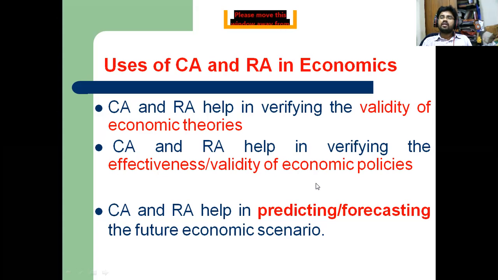We take the data before 1991 and after 1991, then check whether there is any impact of the policy on exports. If a positive value comes, then there is an impact of LPG on agricultural exports. We verify this by using regression analysis. Is it clear how we can validate economic policies? Yes, sir. Before and after.